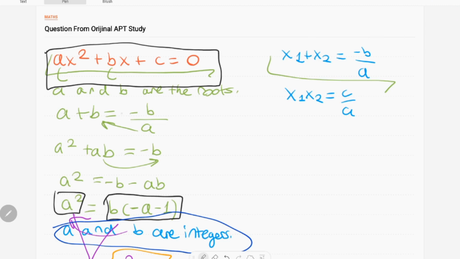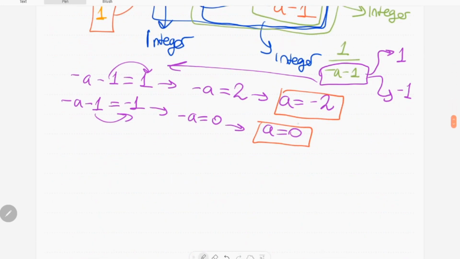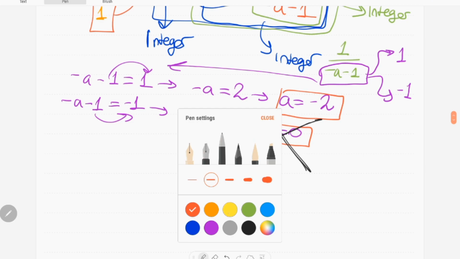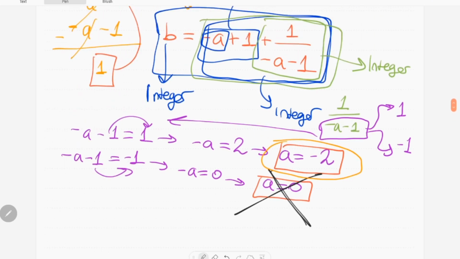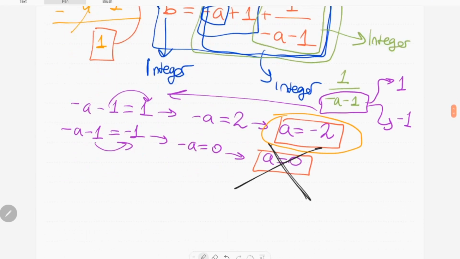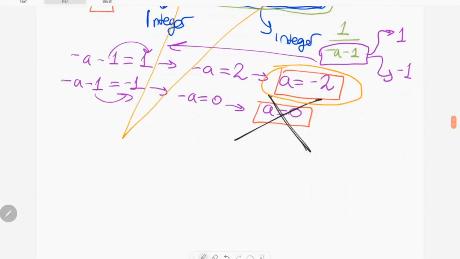If both of these are the roots, and a and b are also the coefficients, I know that I cannot take 0 as a root. So I have to go with minus 2.